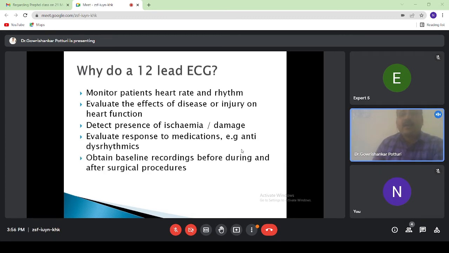Obtain baseline recordings before, during and after surgical procedures. Suppose a patient is posted for an orthopedic surgery or a pneumonectomy or cholecystectomy. Before that, we will take the baseline ECG to ensure his heart is working in good condition.